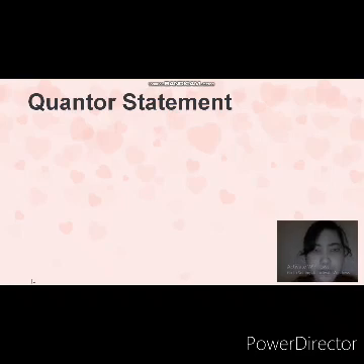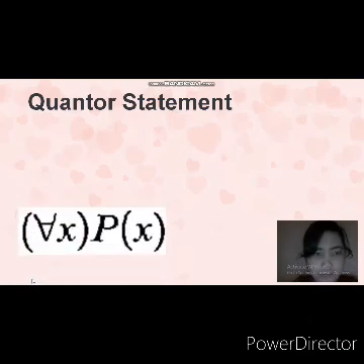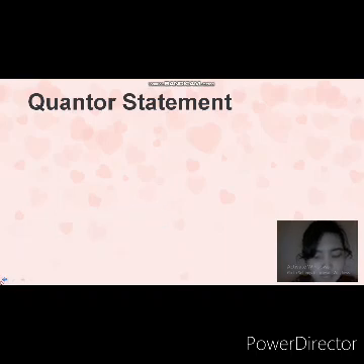Quantifiers. In order to make the structure of complex sentences more transparent, it is convenient to introduce special notation to represent frequently occurring expressions.